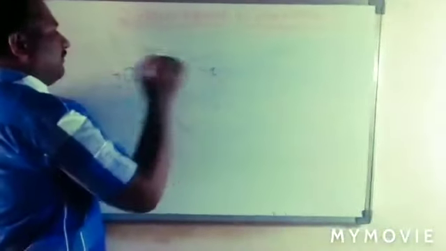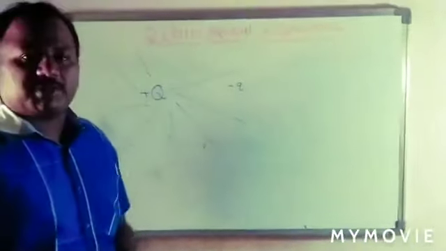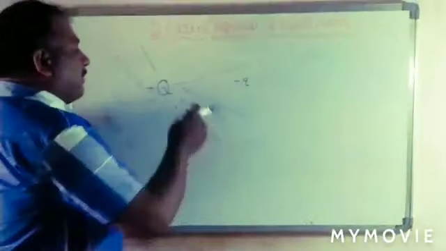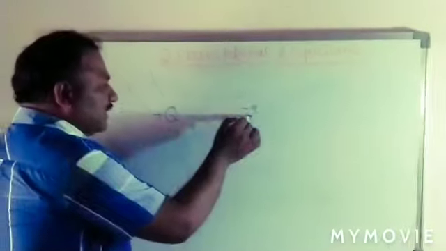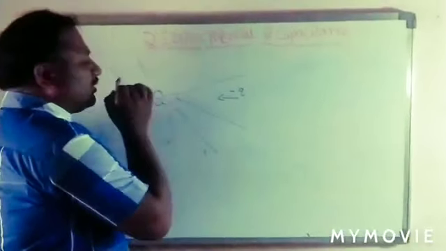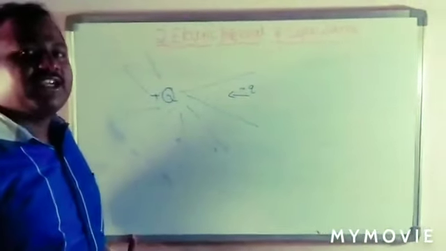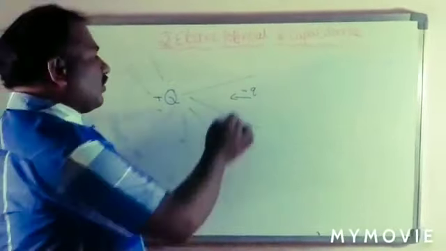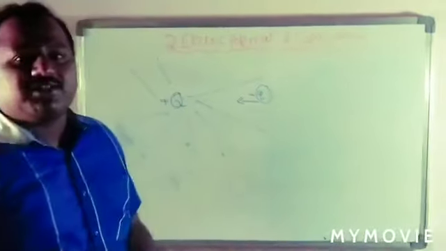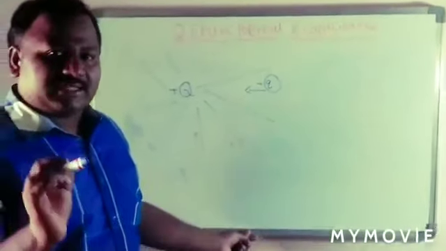For example, if a small positive charge is there, the actual property is that this charge is repelled. If you want to move this charge against the field of the fixed charge, you have to do certain work. That work is stored in this charge in the form of potential energy.